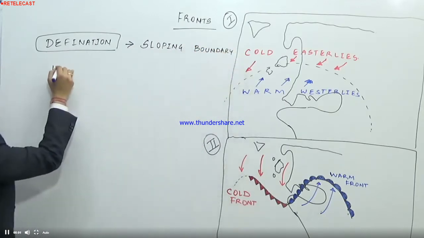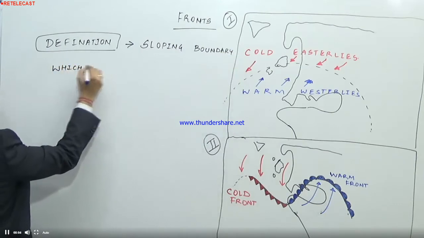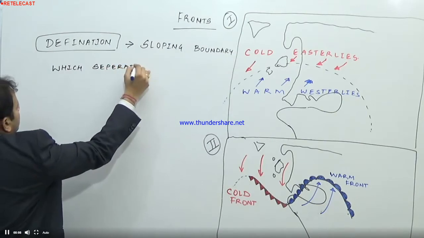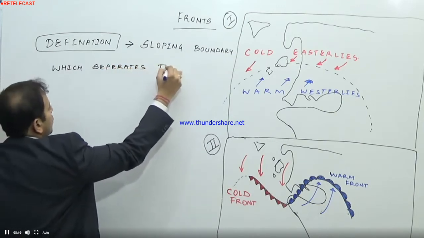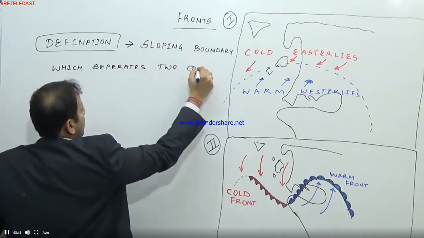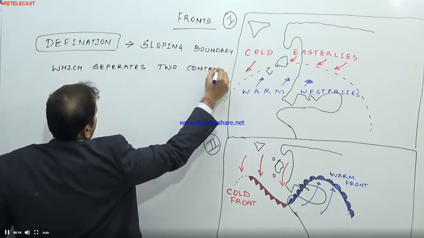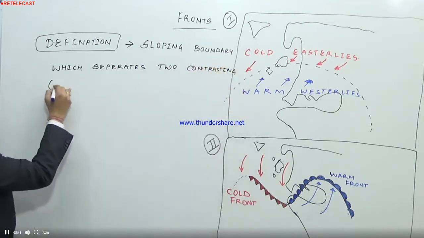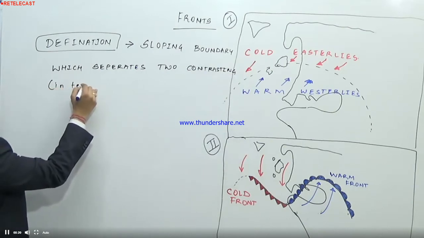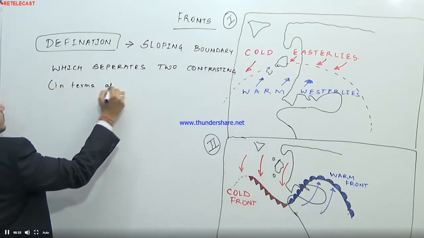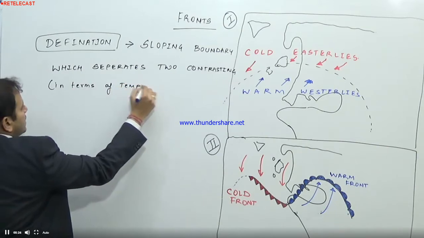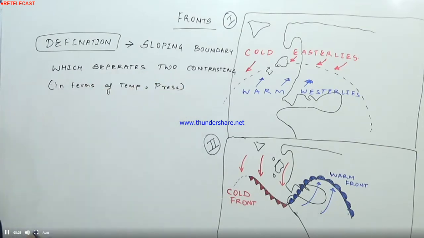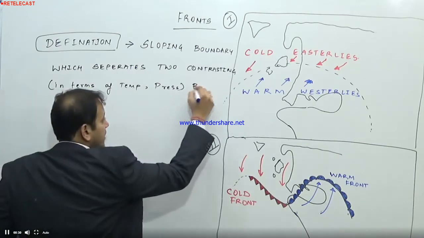which separates two contrasting, in terms of temperature and obviously in terms of pressure, two contrasting but converging air masses.